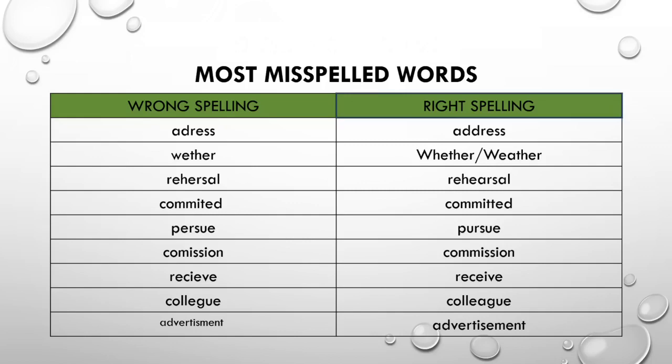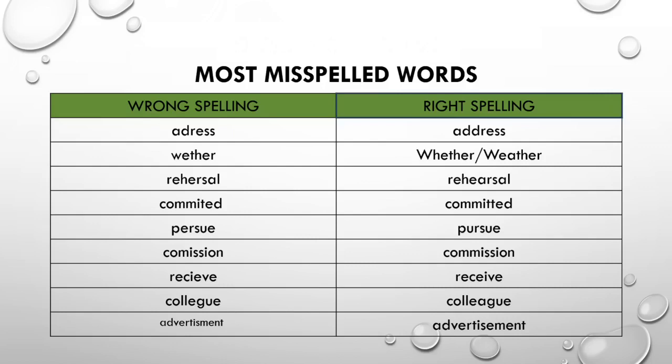Normally one of the D's is left out and it is wrongly spelled as ADRESS. Now, weather is another word that is wrongly spelled. Whether it can be a weather or a climate condition related word, either of these words is wrongly spelled as WTHER.